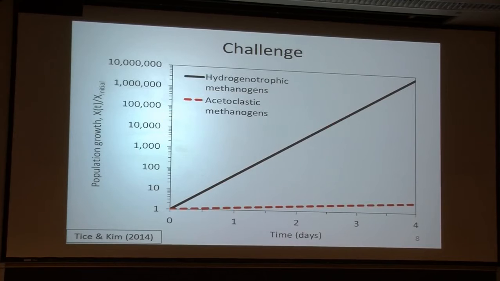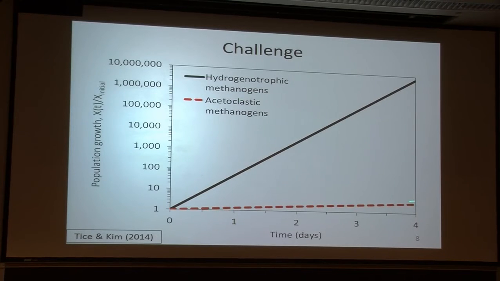This figure shows the rate of growth of microbes. Here the y-axis is the microbial population at a given time divided by the initial microbial population, and the x-axis is the time. There are two types of methanogens. One is acetoclastic methanogens, which use acetate and convert acetate into methane.